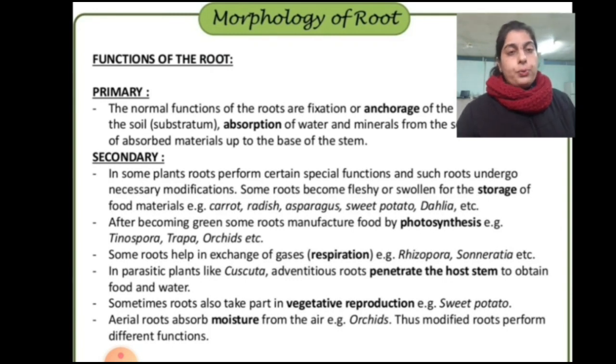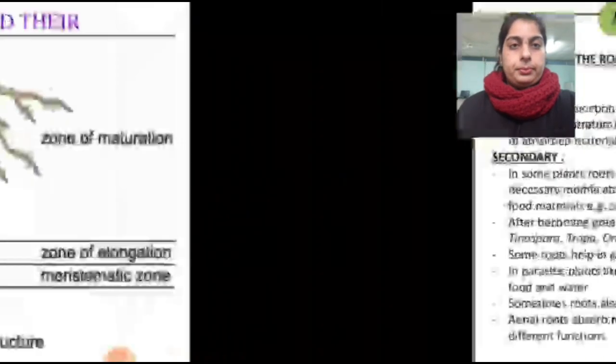They are used for the generation of new plants. If you have seen in the field, the farmer uses potato to grow new potatoes. So they are used for vegetative reproduction. So these are the different functions of the roots.